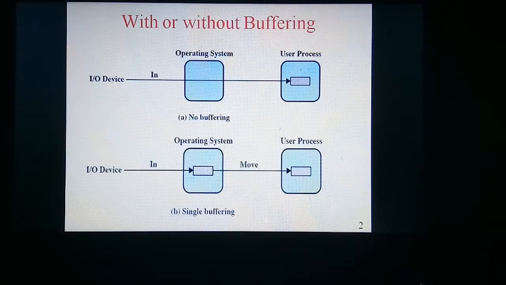So in the first scenario, the IO device is going to input the data, and in between there is an operating system. This operating system is supposed to store this data, but as there is no buffering, it just transfers the data to the process. So if this data fails, the operating system can do nothing.